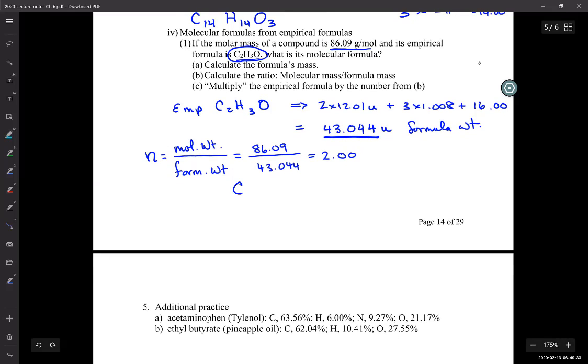So I know C2H3O needs to be multiplied by 2, so I get C4H6O2. And that would be its molecular formula. If you calculate the formula weight for that, it'll be 86.09. Okay.